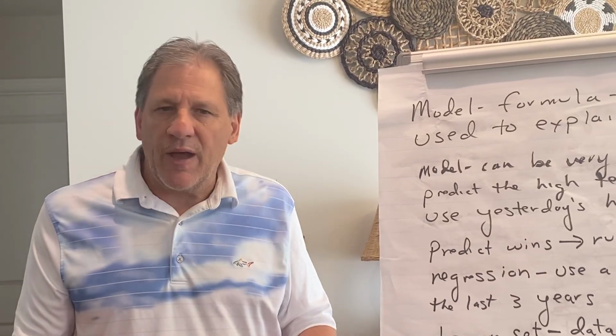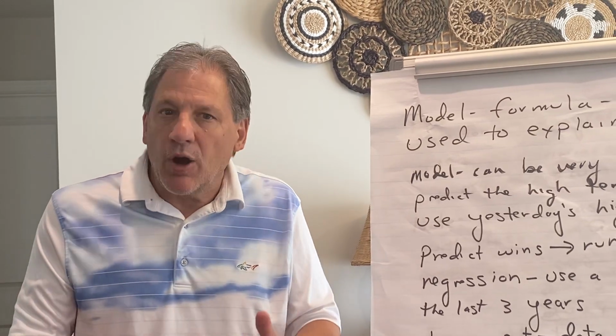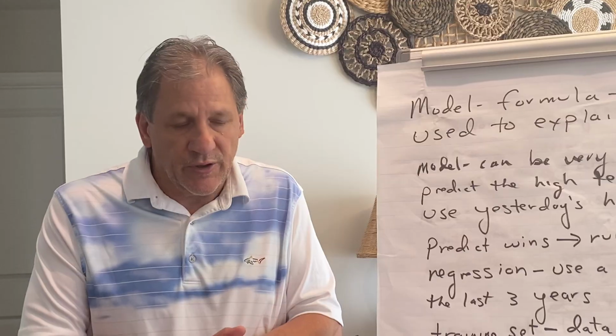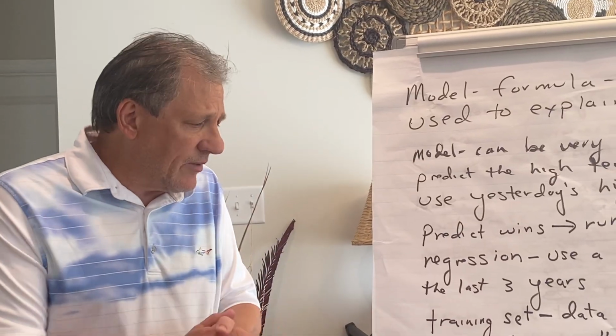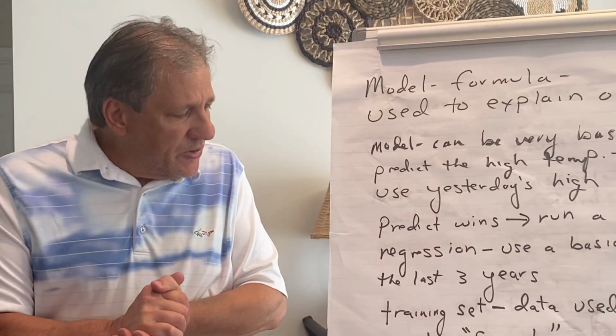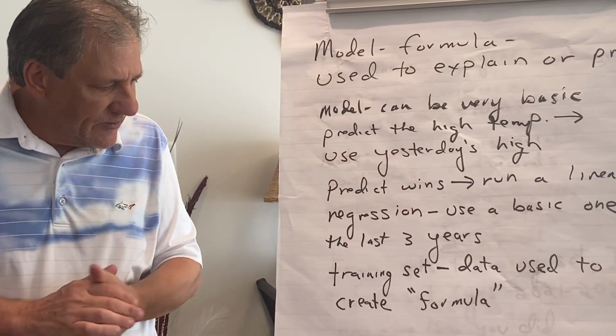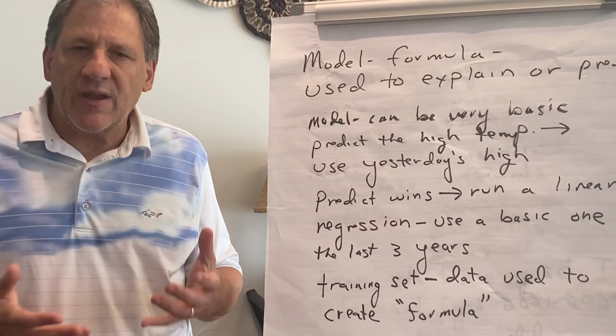Not that I have to go back 3 years. That's an arbitrary decision. Some might go back 2 years, some might go back 4 years. I'm going to go back the last 3 years. So how do we do that? We use what's called a training set. And that's the data that's used to create a formula.